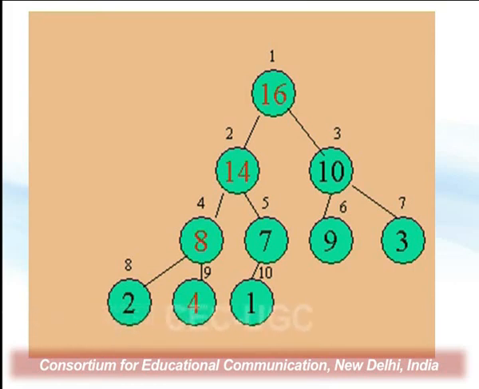which is shown on the screen has 16, 14, 10, 8, 7, 9, 3, 2, 4, 1 according to the level order traversal, and this you can see is a complete max heap. So, what actually have we done?